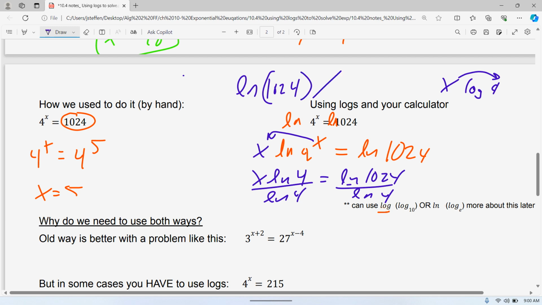I don't care how you type it in, but I know some of you have older calculators where you don't have the fraction button. That's fine. Just make sure you close that parenthesis, or else it's going to mess things up. So you just type in natural log of 1024, close the parenthesis, divide by parenthesis if you need it, the natural log of 4, hit enter, and that should give you 5.